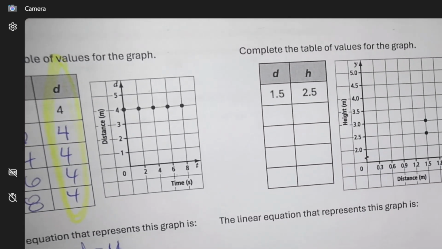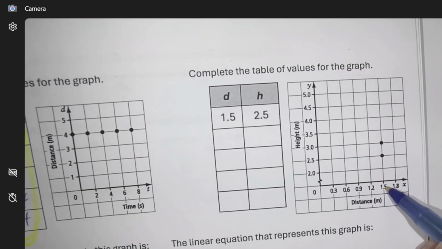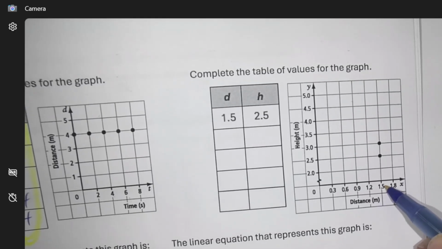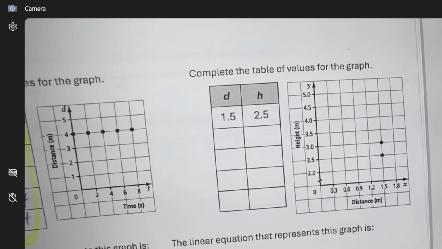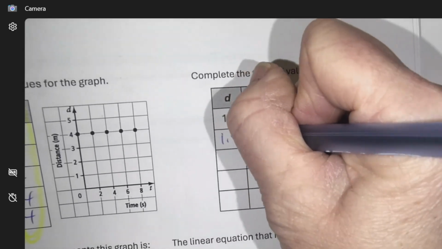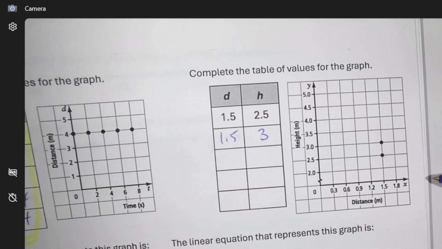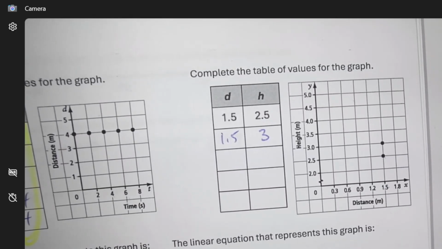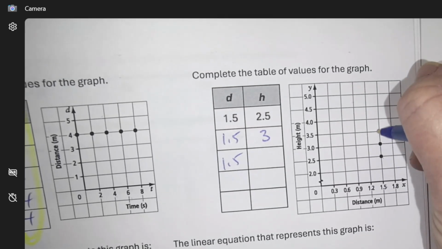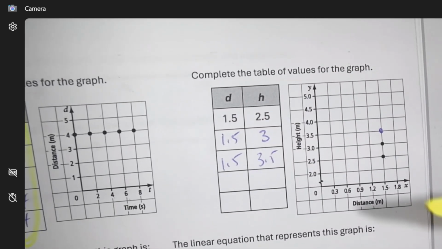Okay, versus this one. When x is 1.5, your height is 2.5. What's the next point? When x is 1.5, height is 3. So if I did continue the pattern, if x was 1.5, I could do 3.5, right? So what's going on with this equation?